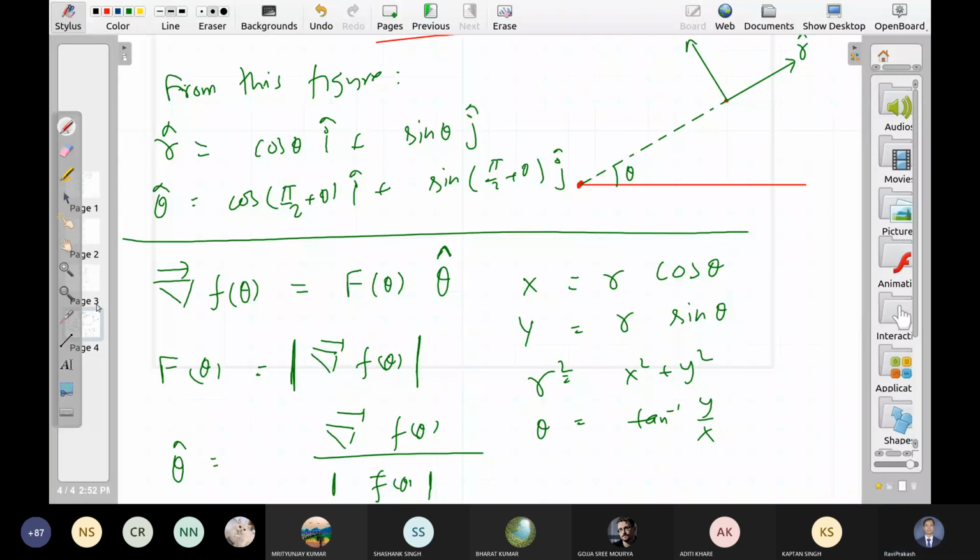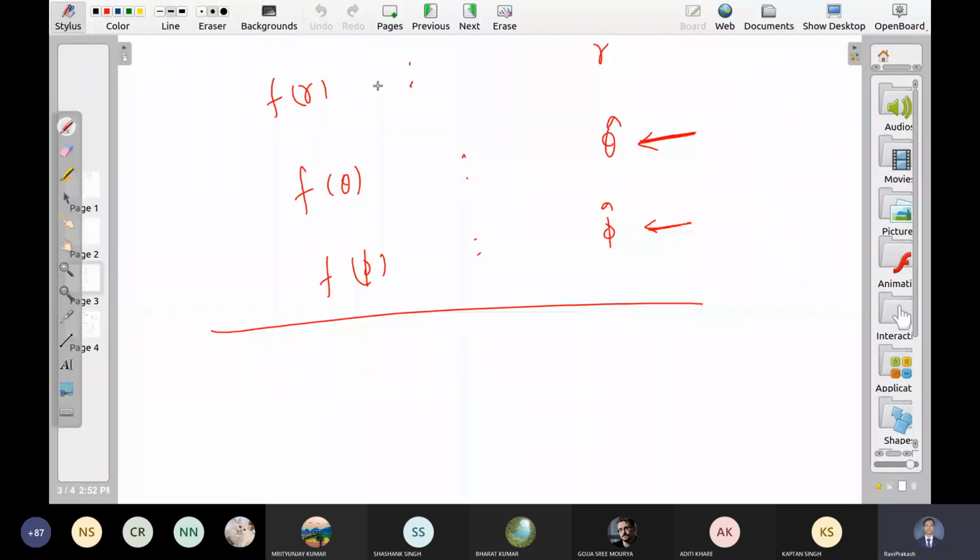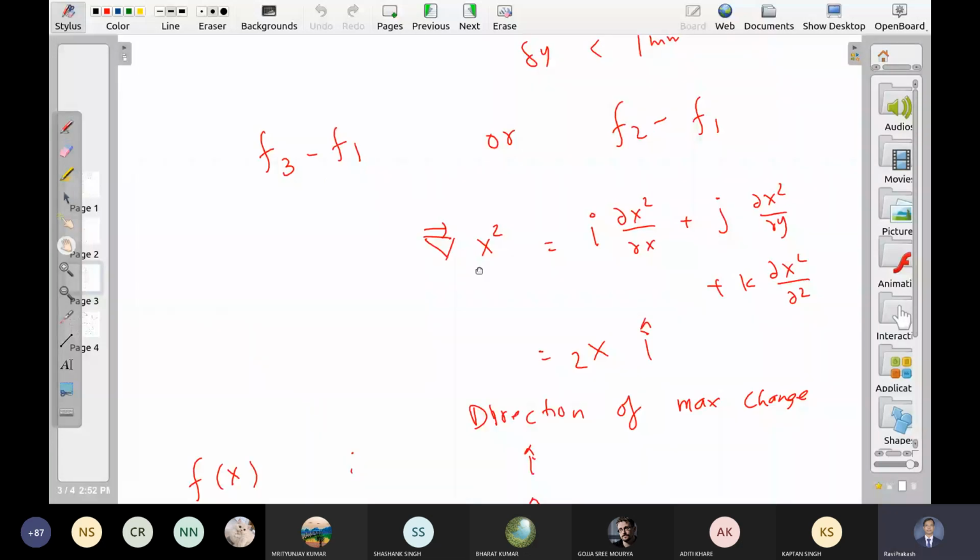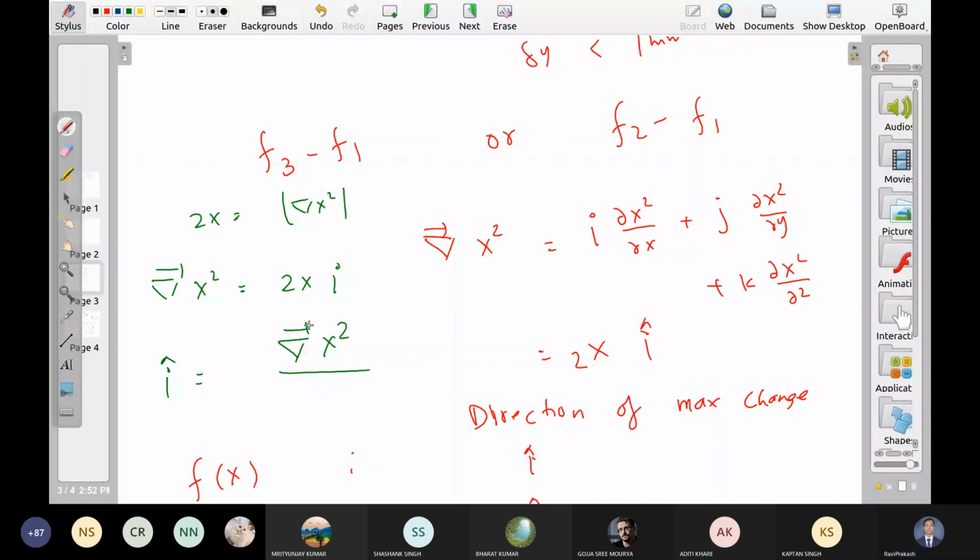जैसे यहां पर del x square is 2x i cap. What is 2x? 2x actually is del x square mod. So what is i cap? You can write i cap as take the gradient of this x square and divide by the magnitude.